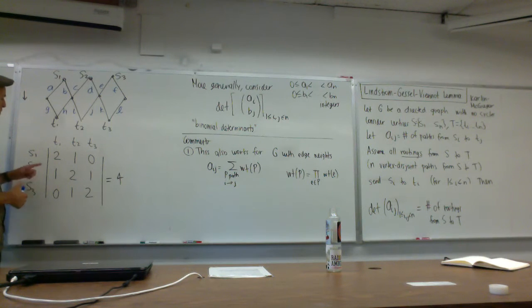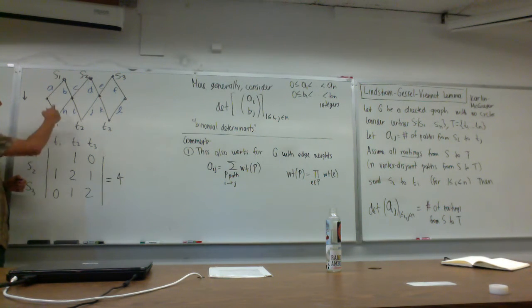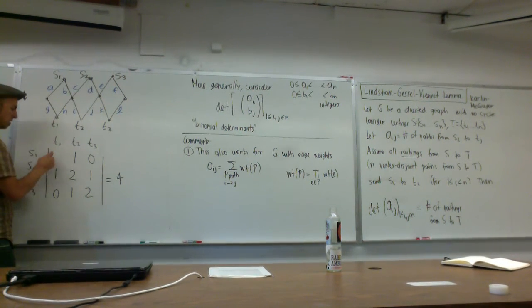So then now, for example, what is S1T1? So what is this entry here? There's two ways of going, this way or this way. Right? And this path has weight A times G, and this one has weight B times H.